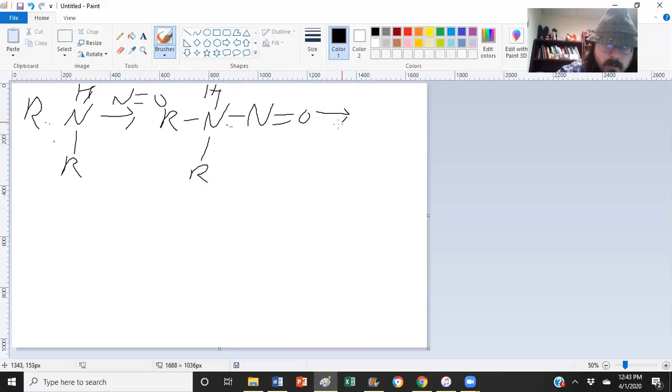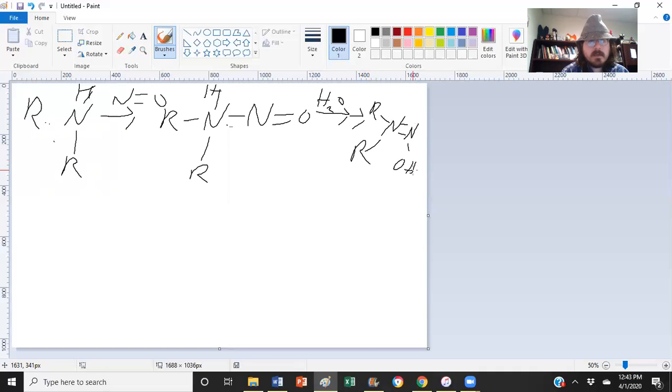If I add then water, 2 steps, I'm going to have R and NOH. I can't go past this N-nitrosoamine. I cannot get past here.